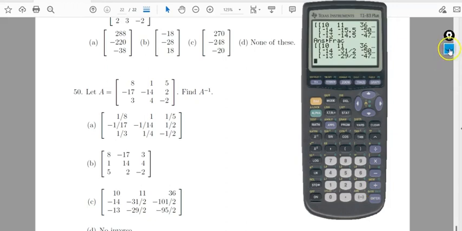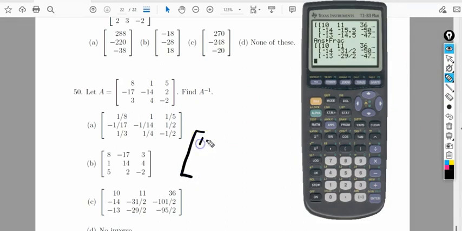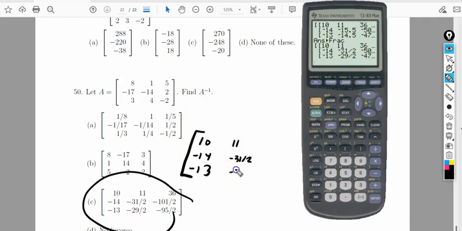And so this is telling me that my first column is going to be 10, negative 14, and negative 13, and that should be enough to say it's going to be C.